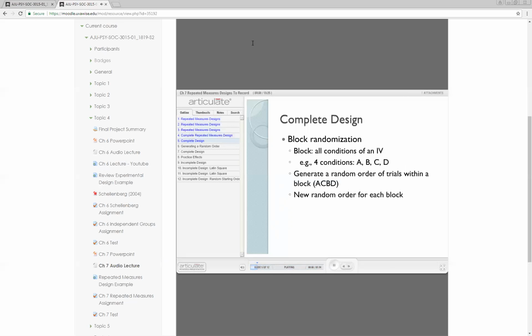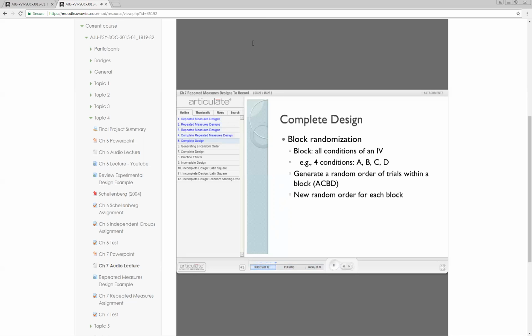So just to reiterate some vocabulary that we talked about, remember that conditions have to do with the different levels of the independent variable. Let's say I'm interested in people's different responses to pictures of human faces, animal faces, and inanimate objects. Each one of those is going to be a condition. A trial is a measure of a reaction to each individual image.